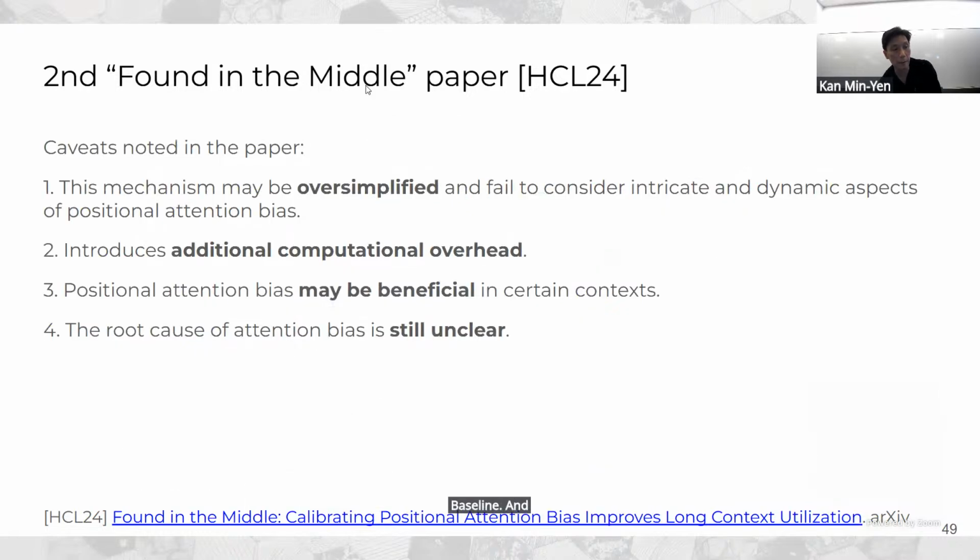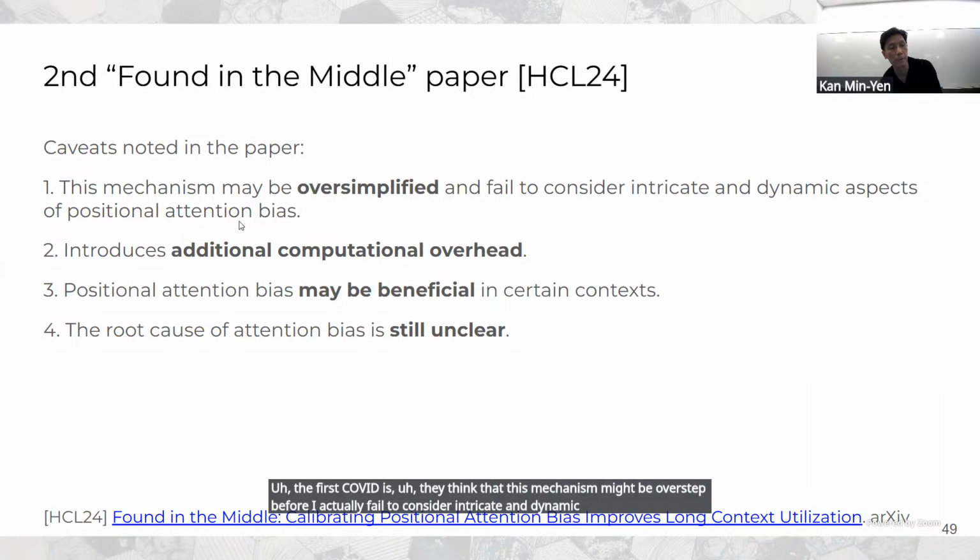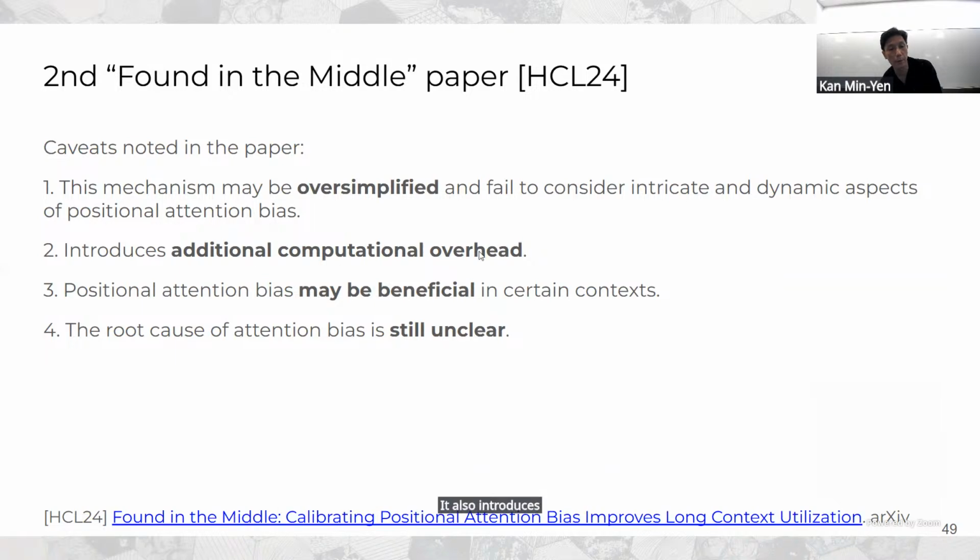And the paper notes some caveats. The first caveat is that they think this mechanism might be oversimplified. They fail to consider intricate and dynamic aspects of positional attention bias. It also introduces additional computation overhead. Positional attention may not be beneficial in certain contexts.